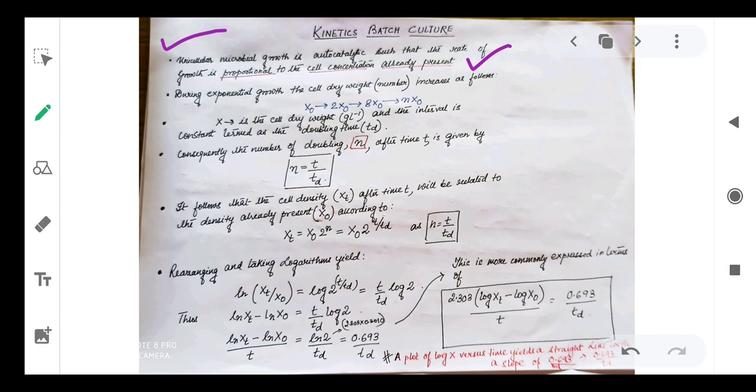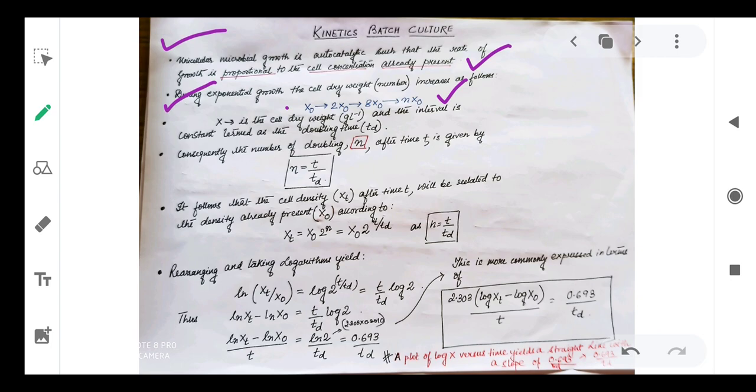So, if you see this particular equation, you get to see x0. What is x0? It is the initial number of cells. Then it doubles, as I have talked about in the first slide, that is 2x0. Then it is 4x0, 8x0. So, this is your nx0. N is the multiplication factor, 2, 4, 8, like that.